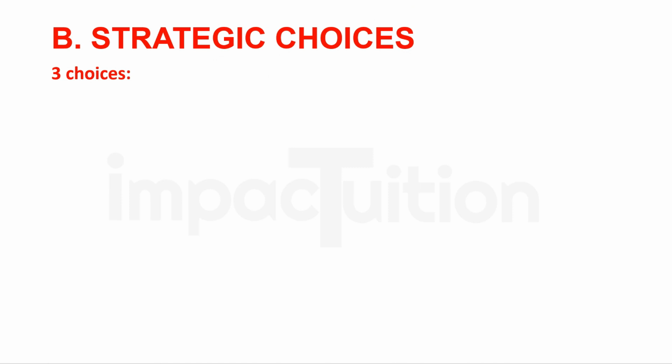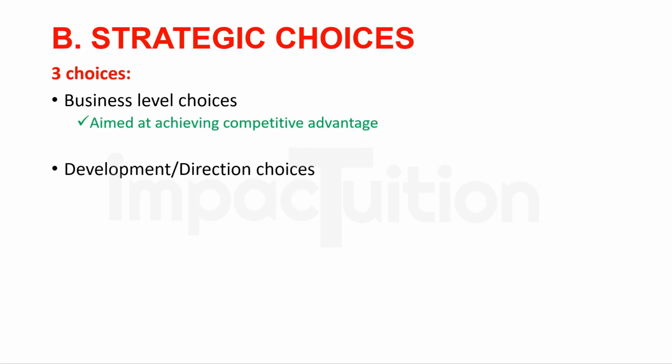When we are done with the strategic position, we will move on to the next in the process, which is strategic choices. We have 3 choices at our disposal: business level choices. The aim of business level choices is at achieving competitive advantage. The next is development or direction choices.